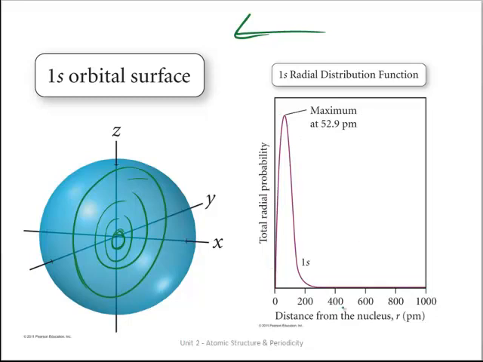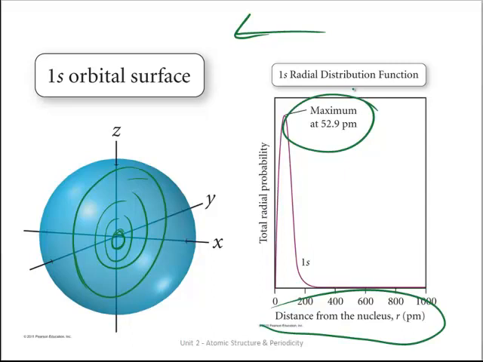And so this is what most of the time we're going to look at, the radial distribution function. What it shows is a maximum at 52.9 picometers, and that's usually used as an indicator of the atomic radius.